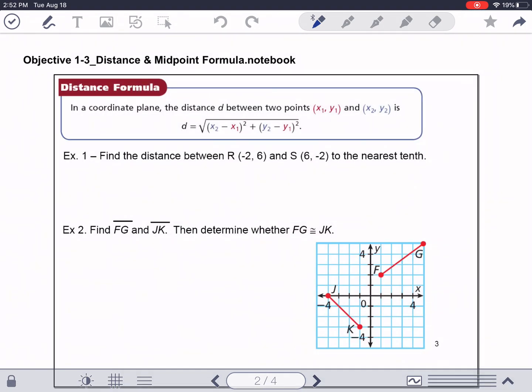So let's jump right into our problem. You're probably used to labeling these coordinates as x1, y1, x2, y2. So now, I'm just going to substitute the values in.